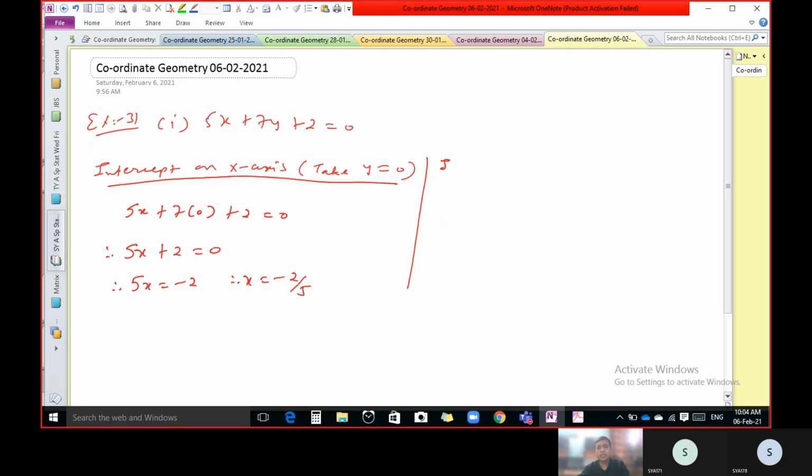Now the intercept on y-axis. So you require to calculate the value of y by putting x equal to 0.